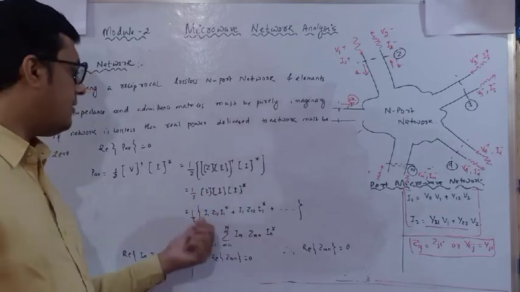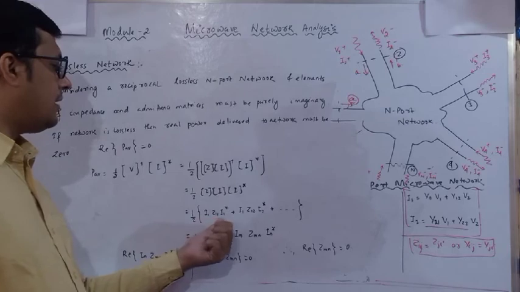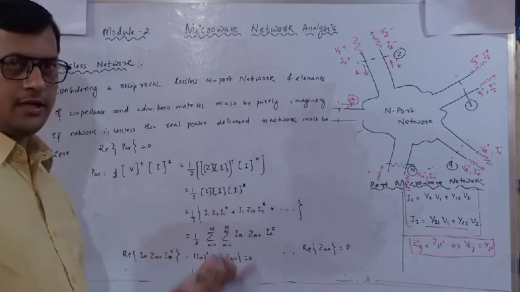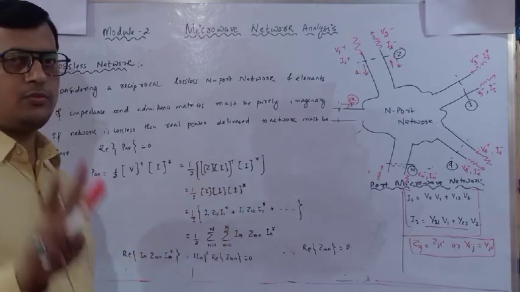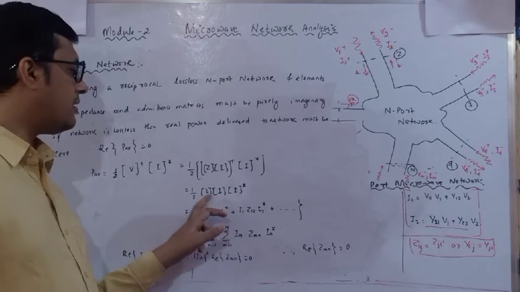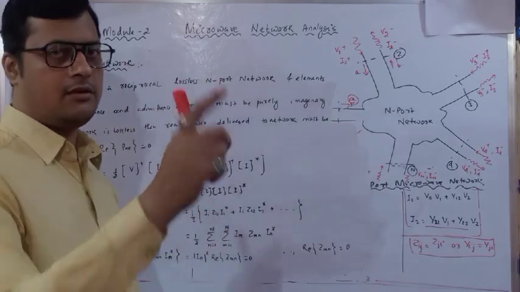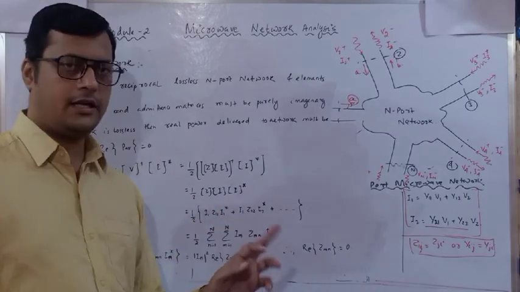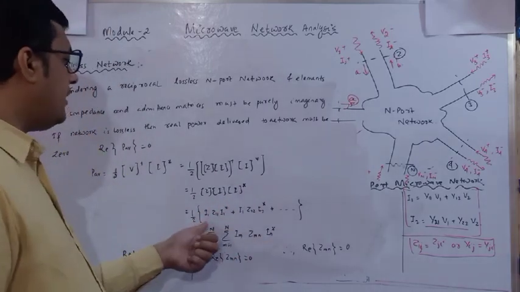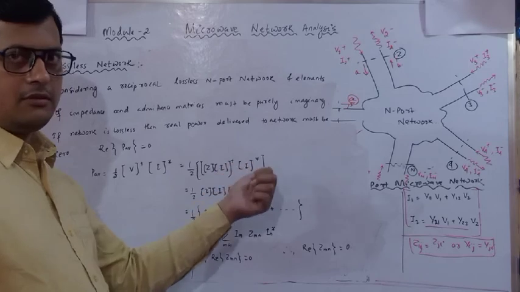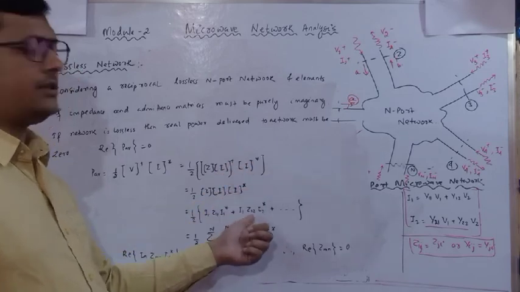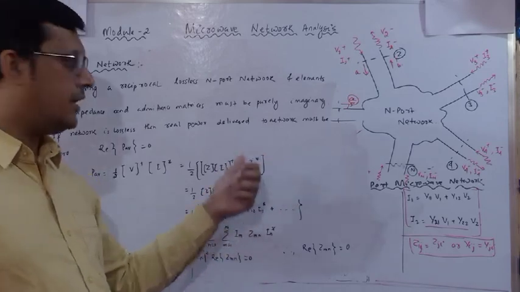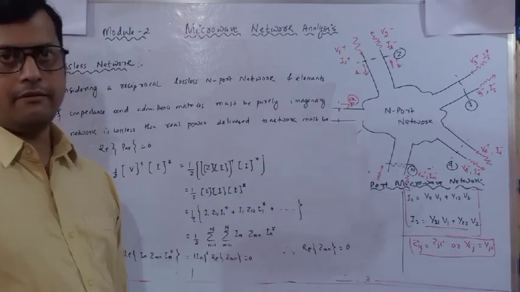Now if you elaborate it for a two-port network, Z is Z11, Z12, Z21, Z22, with respect to the currents I1 and I2. So I1 Z11 I1 complex conjugate, then I1 Z12 I2 complex conjugate, plus other terms will be available.